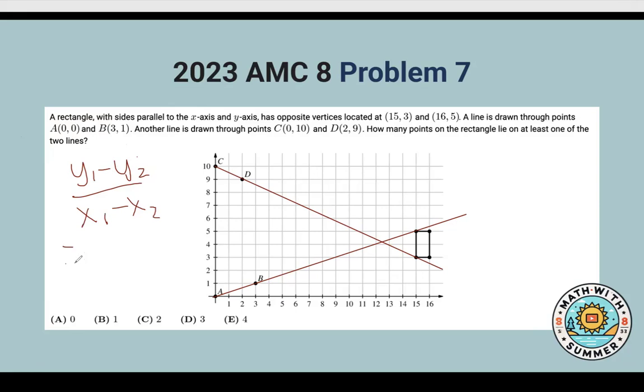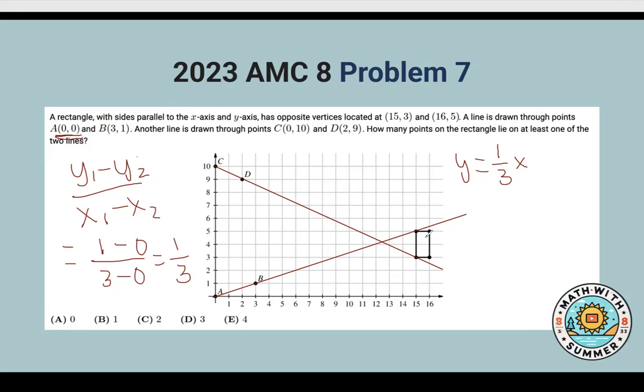So in this case, that's 1 minus 0, or 0 minus 1, but I just did 1 minus 0 since it's positive, and then 3 minus 0. So our slope should be 1/3. Now that we have that, we also know that the y-intercept is 0, which makes this line just y equals 1/3 x, since our b is 0.